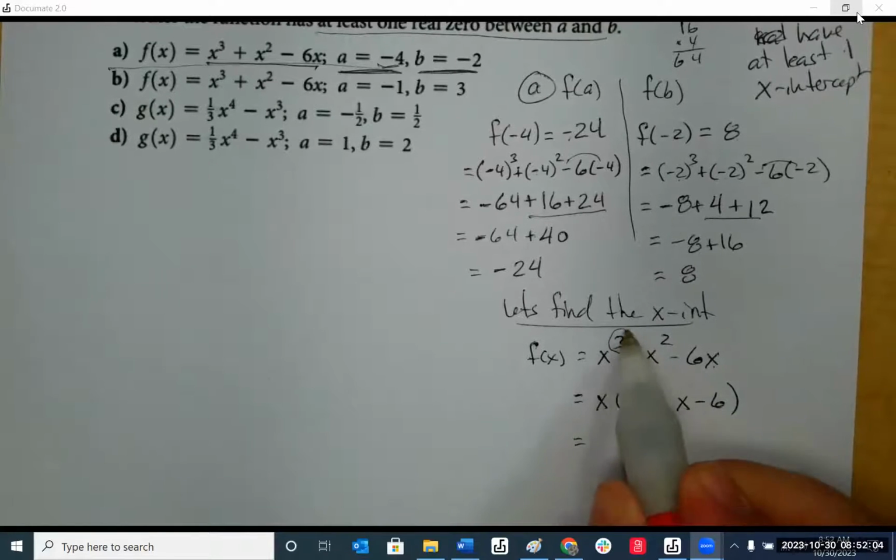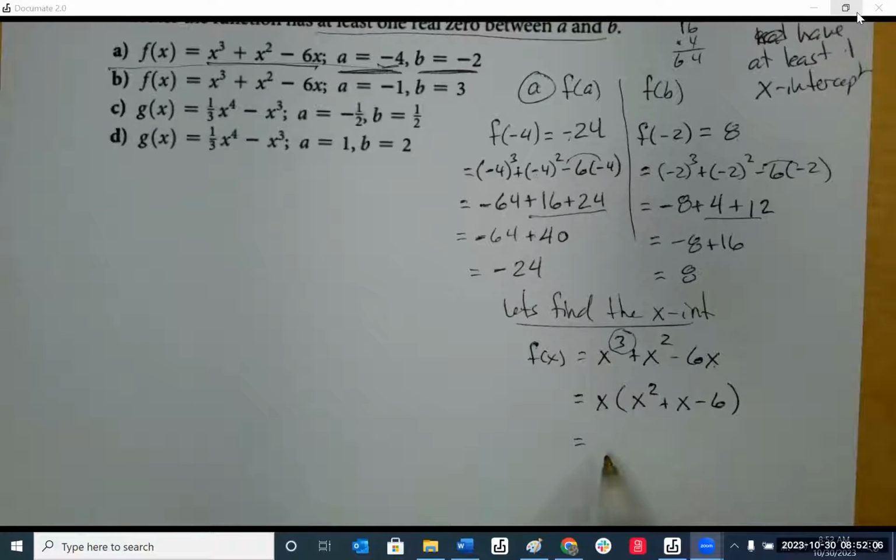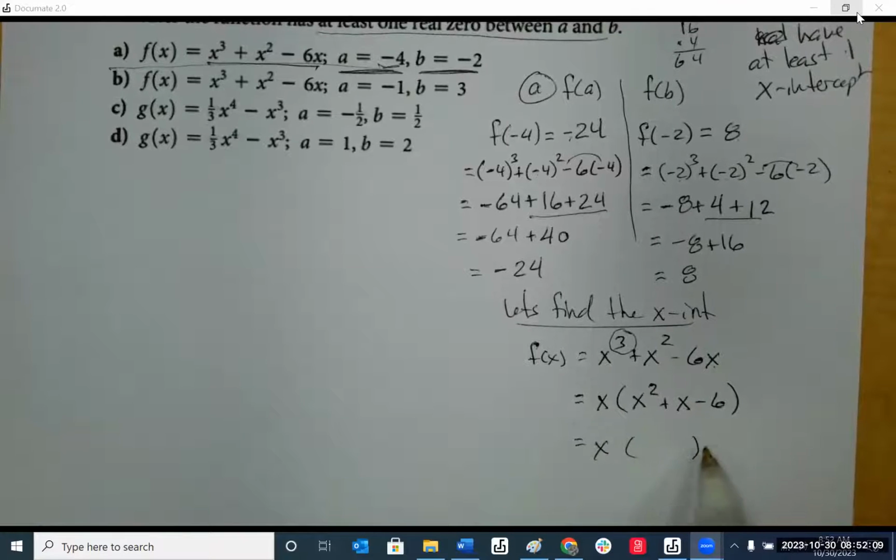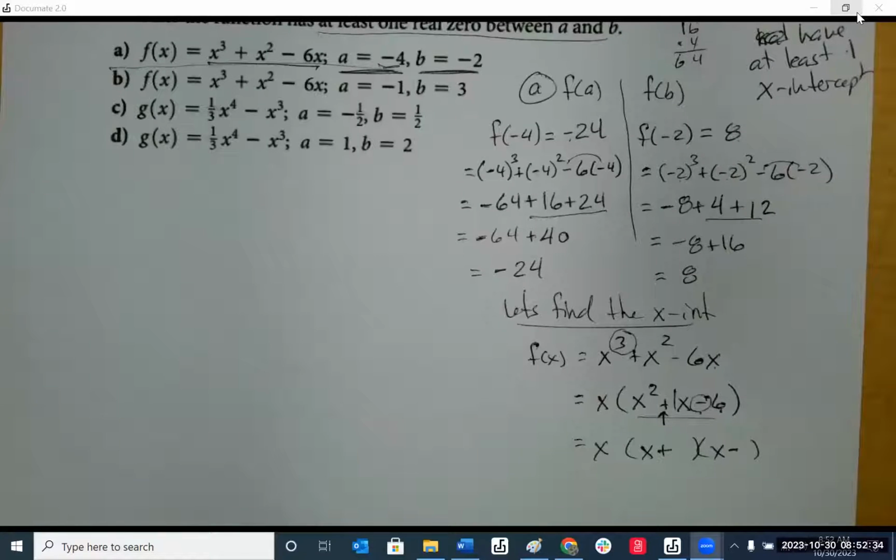Because we're supposed to have 3 answers. So now let's go ahead and factor the polynomial here. X and x. The sign's negative, so one's positive, one's negative. The bigger answer will get the negative. What times what is 6? When you subtract them, you get 1. Three and 2.